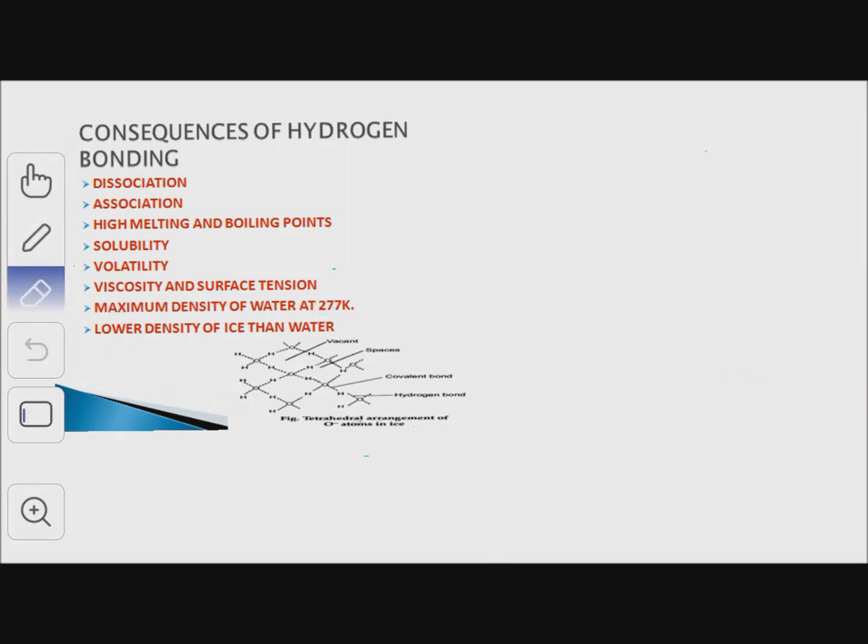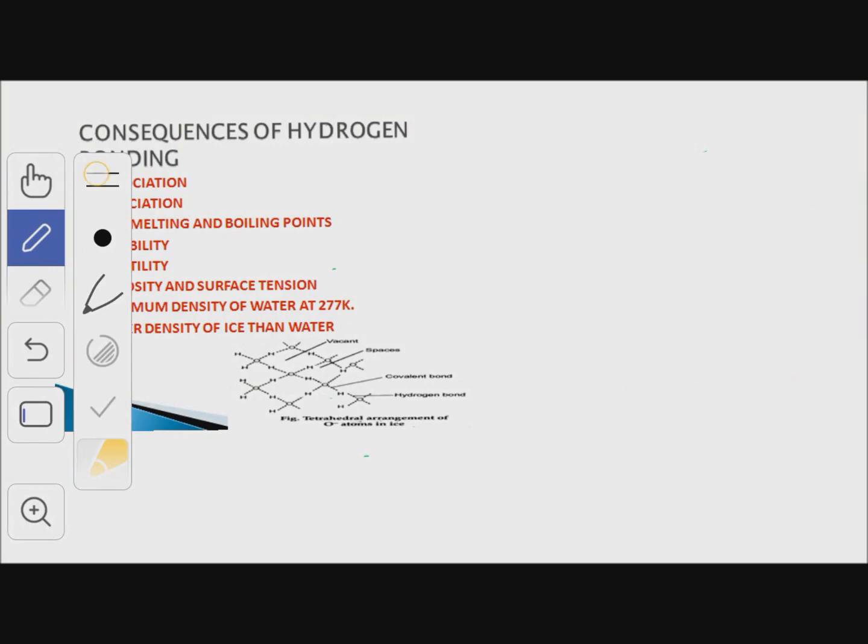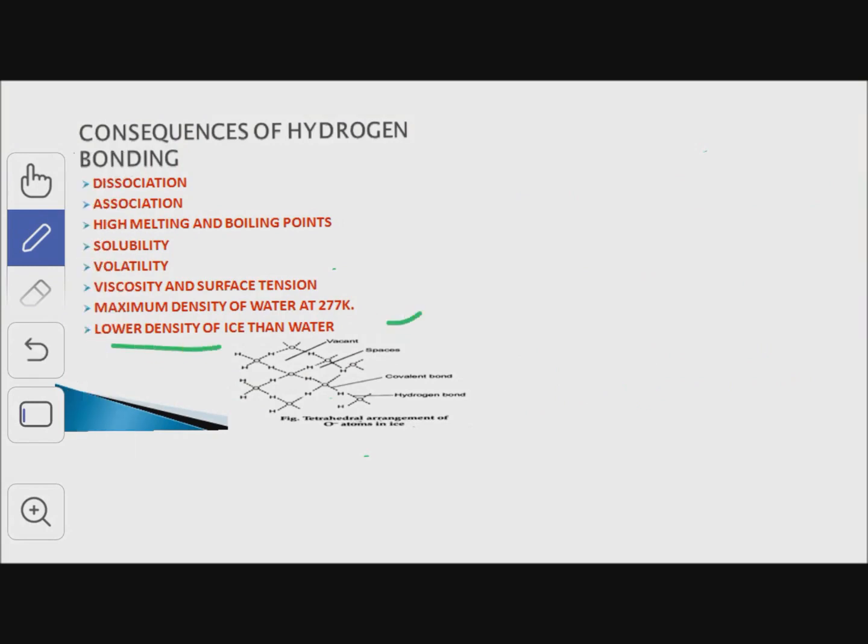Lower density of ice. What is the reason behind the lower density of ice than water? In ice, the oxygen atoms are tetrahedrally arranged and form hydrogen bonds like this.